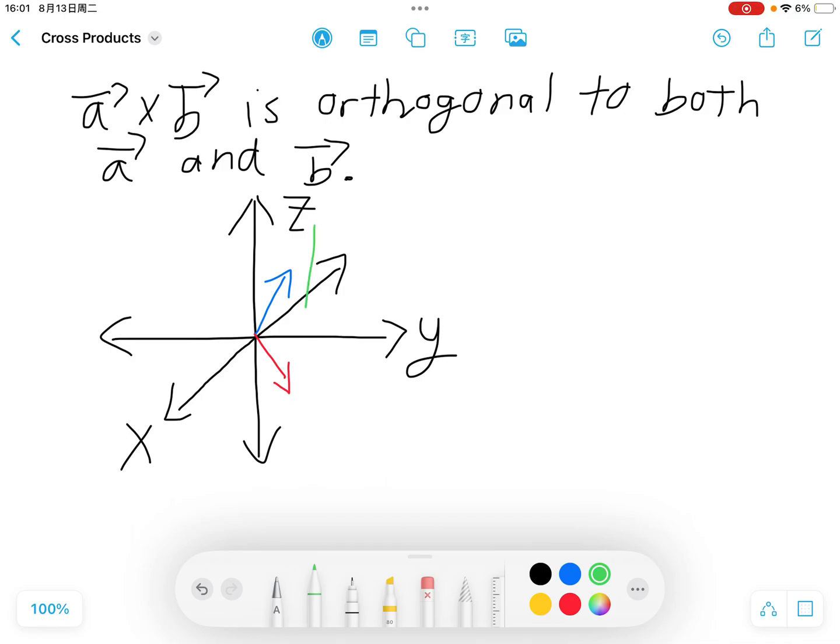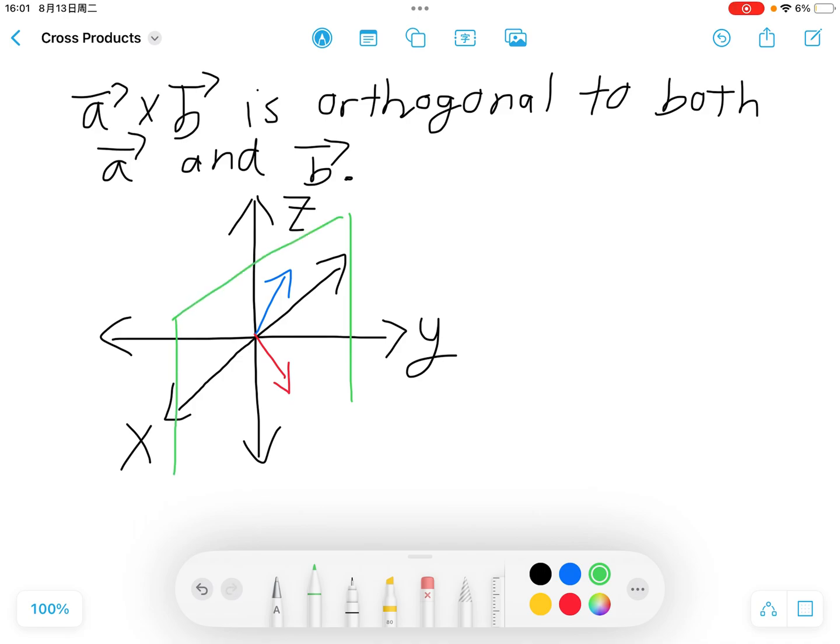This plane is going to be something kind of slanted like this.